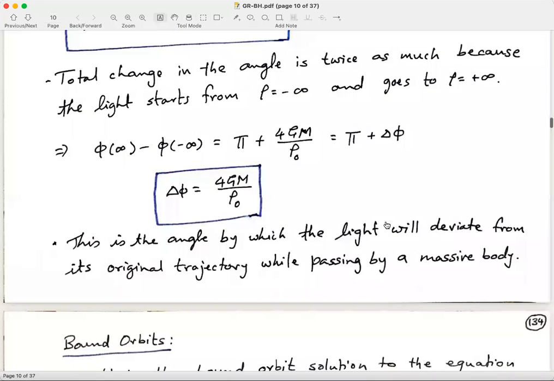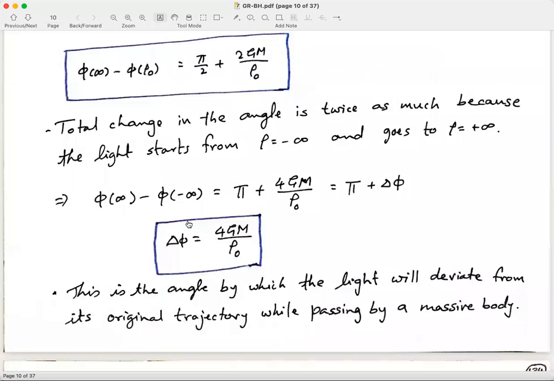So the experiment that we want to conduct is to study bending of light, say when there is a total solar eclipse, and you substitute M to be the mass of the sun, and you estimate what would be the closest approach for the light which is bending due to the gravitational field of the sun.